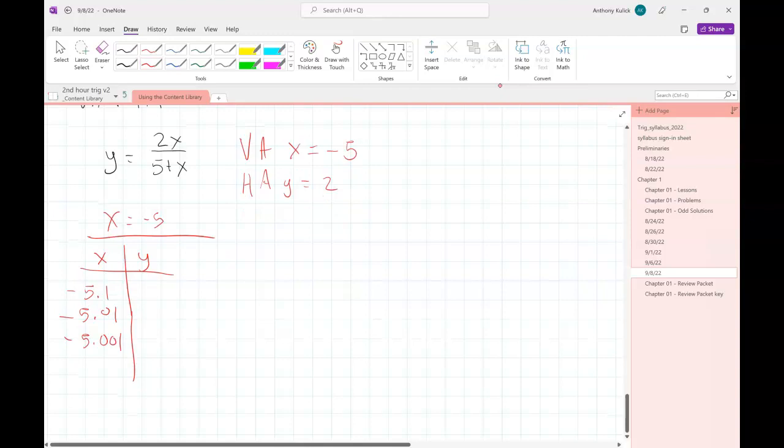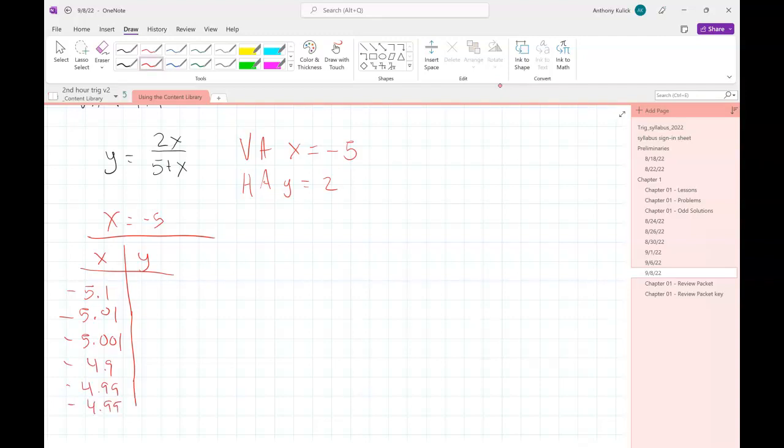And then I'll pick a couple of values that are a little bigger than -5, but getting up closer to -5 with each step. And usually 3 values is sufficient. Okay with that, Olivia? And then for the horizontal asymptote, again, I'm going to do kind of the same thing.